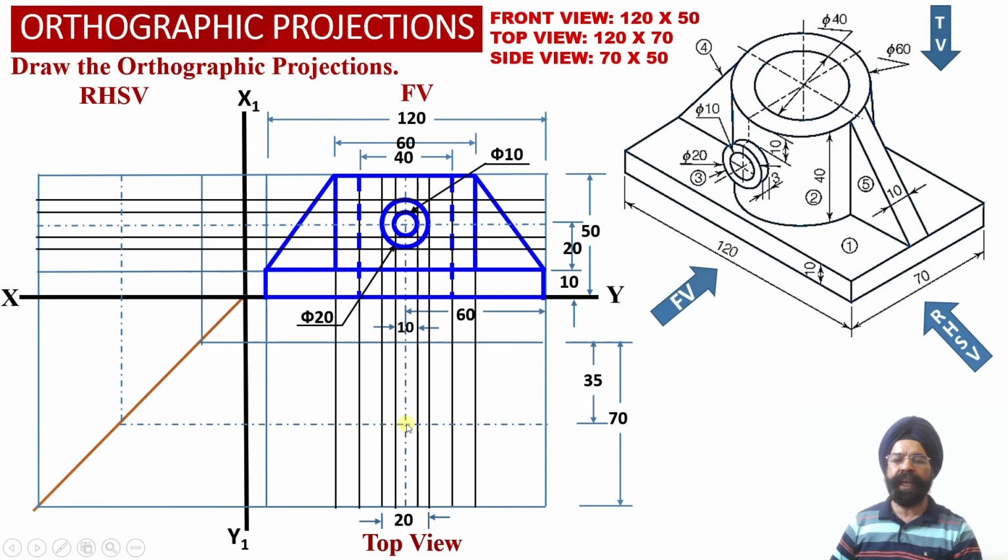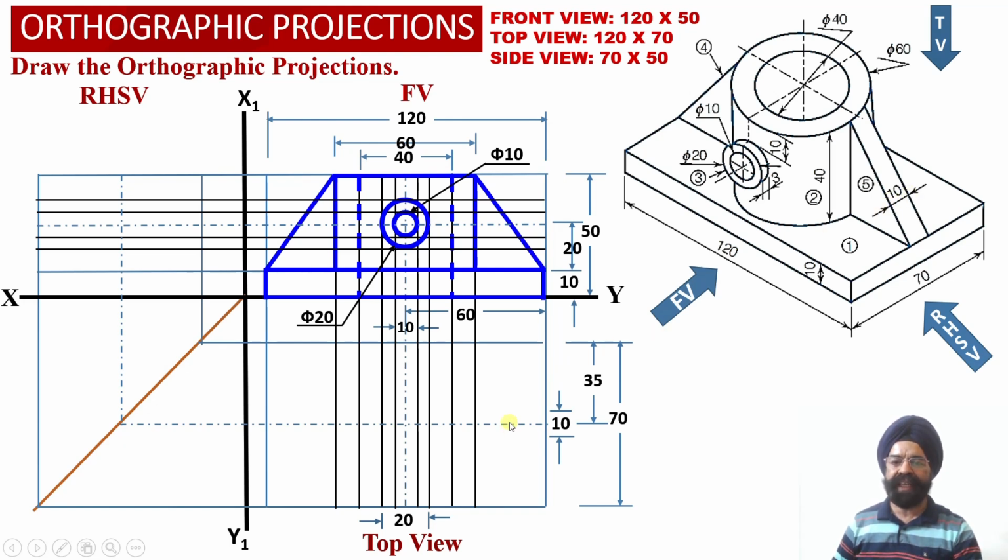Having obtained the center point corresponding to this hollow cylindrical object, we also know that this vertical triangular web is also lying centrally along the depth of the solid. This inclined triangular web has a depth equal to 10 millimeter.